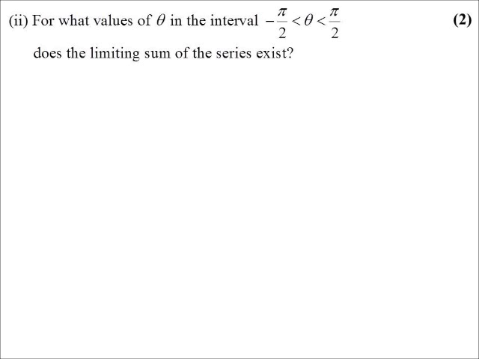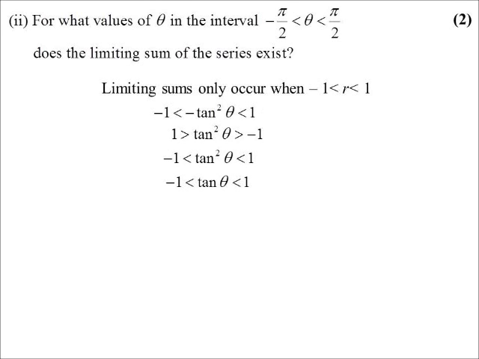We know that one branch of a tan curve is minus pi on 2 to pi on 2. They're the asymptotes on the tan curve. So they're actually asking us for which values will tan theta be between minus 1 and 1. We know that the limiting sum is in between minus 1 and 1. So we're saying when is minus tan squared theta in between minus 1 and 1?